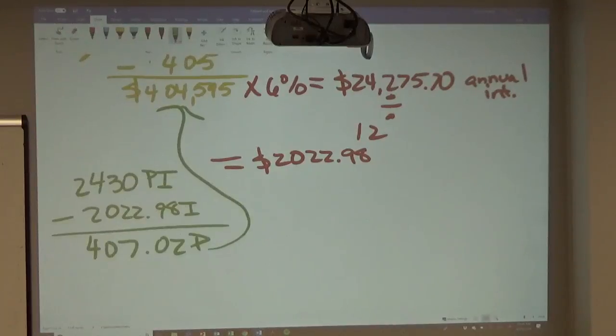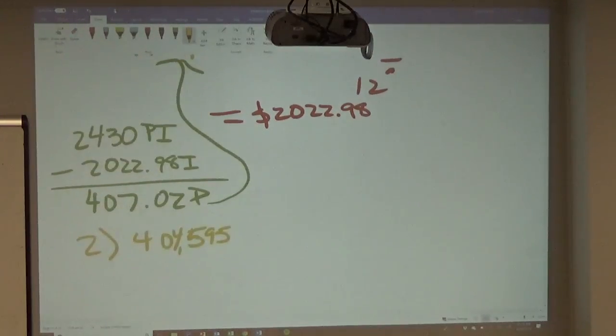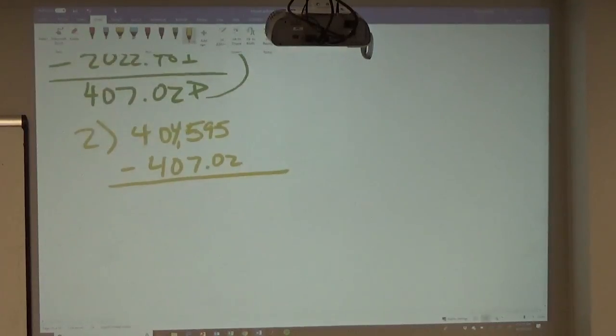And again, that's going to be applied to our principal balance. So for payment 2, our math looks like this: $404,595, which is our balance after one payment, minus $407.02 for payment number 2.